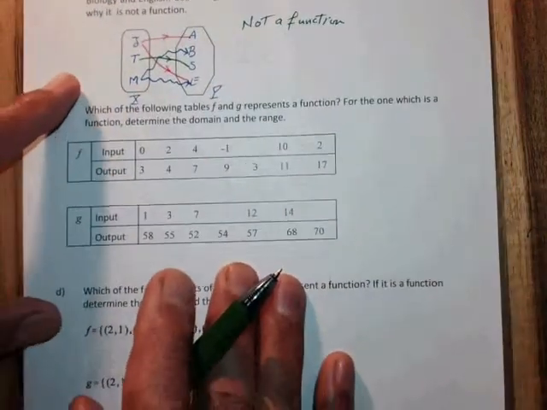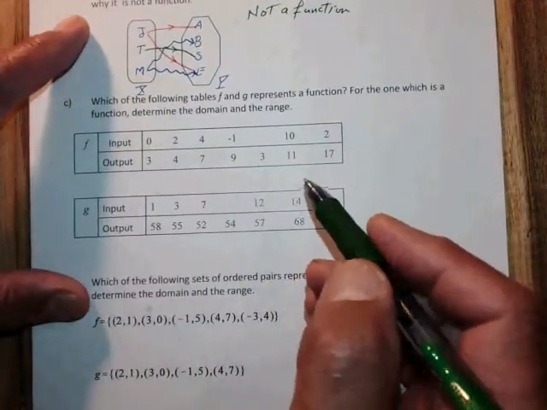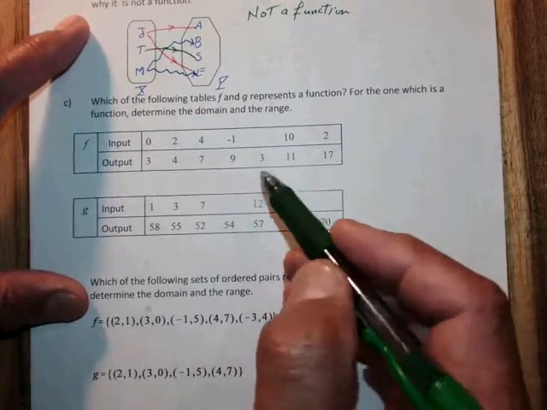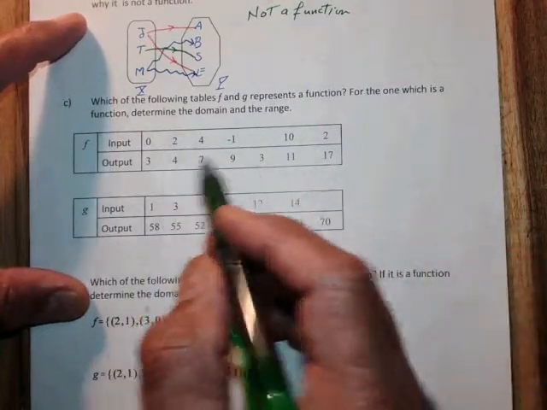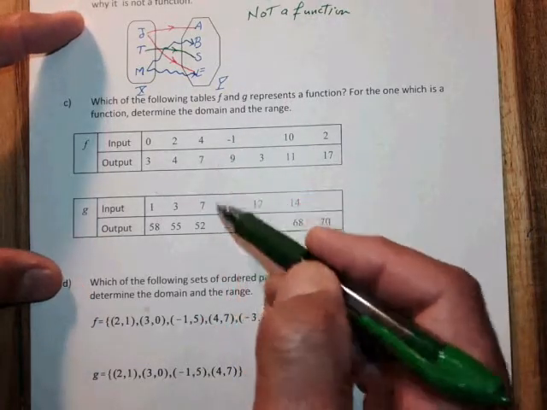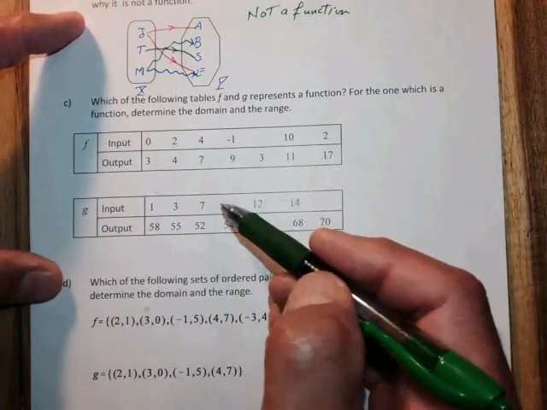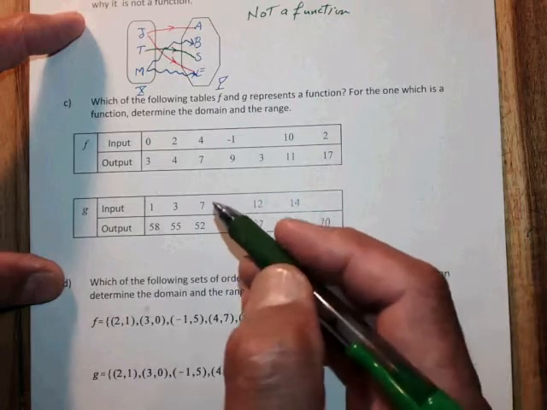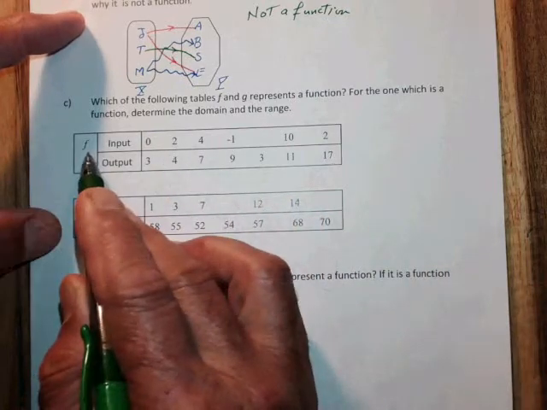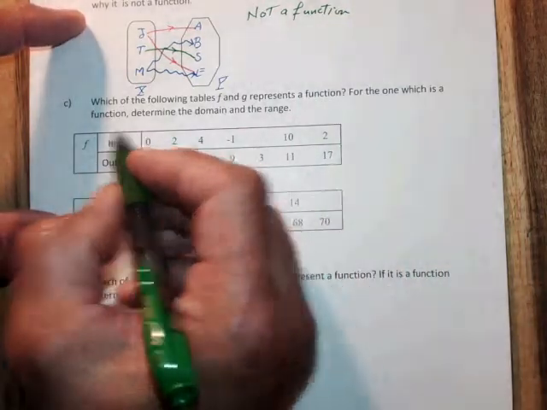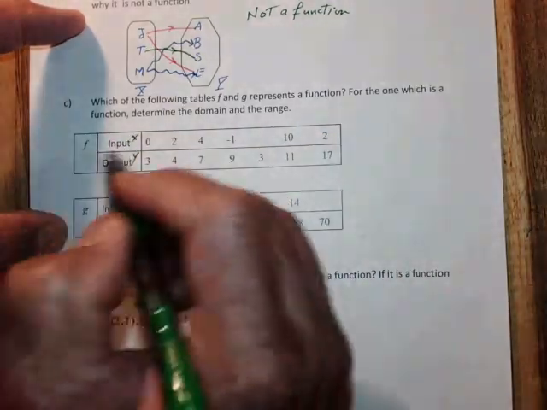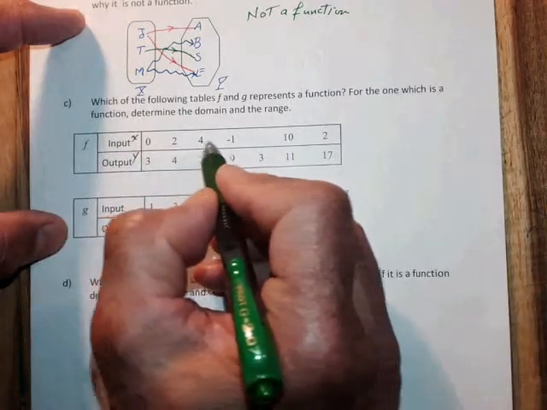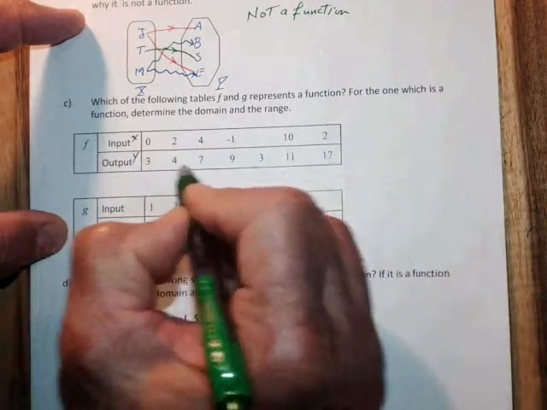Now, as I advertised, the next example is a situation when a function can be described by a table. So we have two tables here. We're going to determine which one represents a function and which one does not. Like table F, these are the X values and these are the Y values. So X is 0, 2, 4, -1, 3, 10, 2, and these are the Y values.